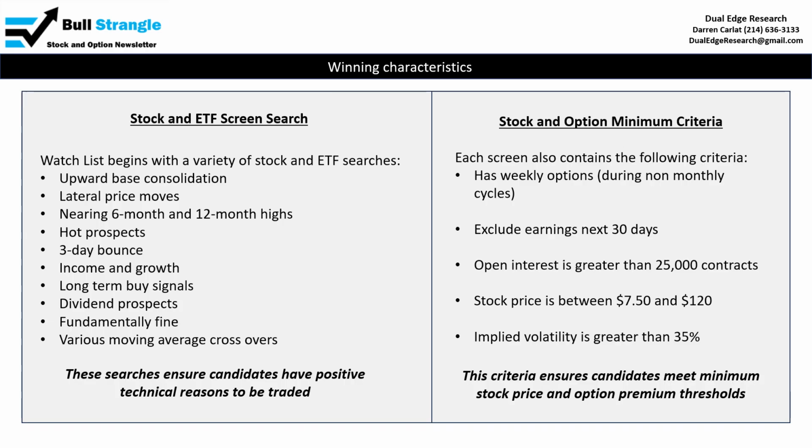Many times I'm going to get rid of those under 10, but I don't want to exclude stocks until I've had a chance to look them over. And then I do want the implied volatility to be greater than 35%, and of course, I'll describe implied volatility in just a minute. This criteria ensures candidates meet minimum stock price and option premium thresholds so that I have a good working list.